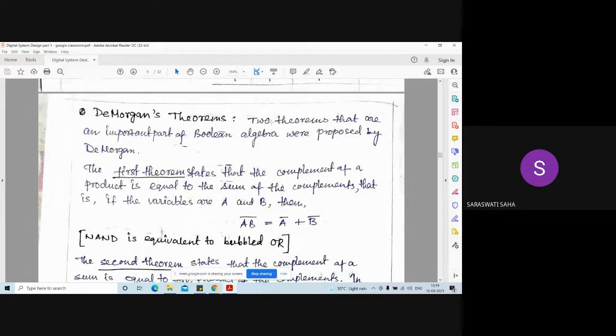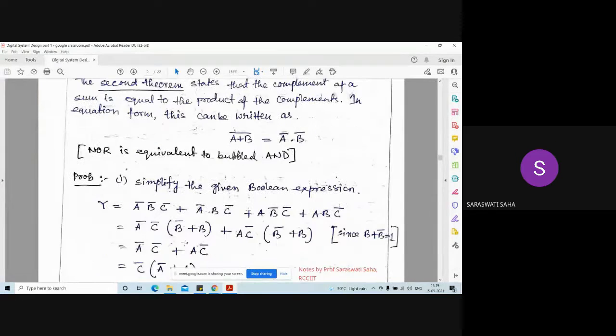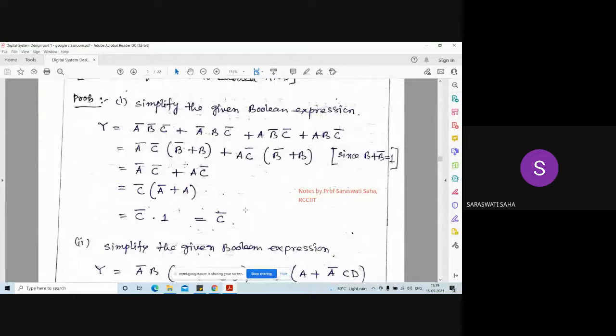These two theorems are an important part of Boolean algebra and were proposed by De Morgan. The first theorem is based on NAND operations and the second theorem is based on NOR operations. Now based on De Morgan's theorem, you can again simplify the Boolean expression.